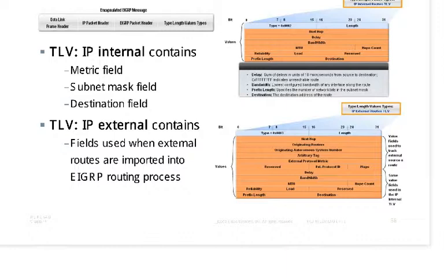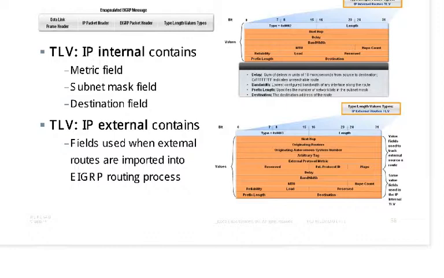The IP external field is the third TLV type, and it communicates the fields from an external autonomous system. As we discussed in the beginning of this part, EIGRP works hand in hand with border gateway protocol.